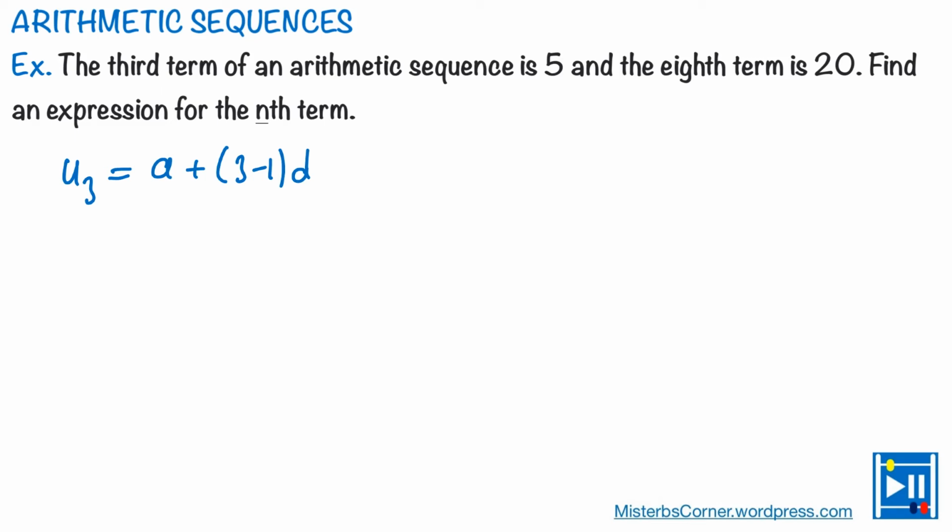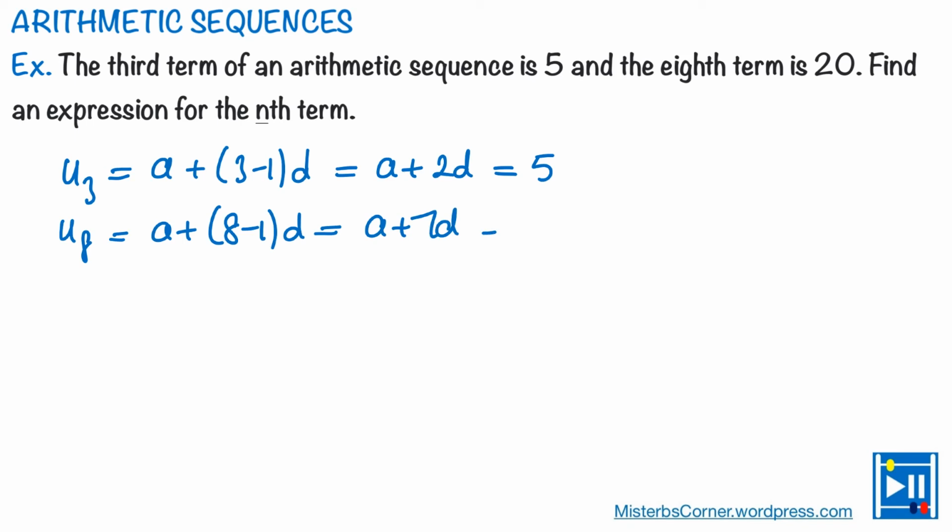Now we don't know the first term a, we don't know the common difference d, we're trying to find them. So this is going to be a plus 2d, which is equal to 5. Whereas for the eighth term, it is a plus 8 minus 1 times d, which is a plus 7d, and this is equal to 20.